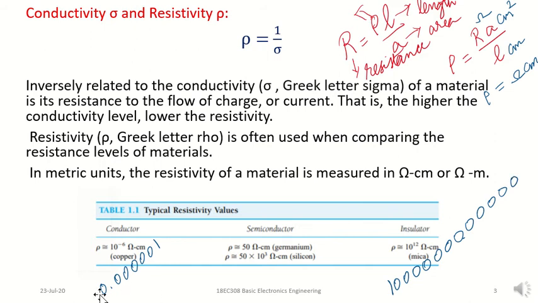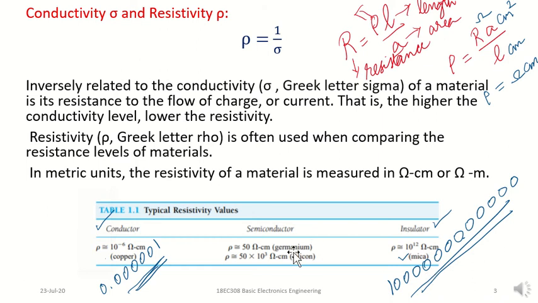If you observe the difference, the resistivity is very low in a conductor, that is the copper. The resistivity is very high, 10 power 12, in an insulator. They have given an example of mica. Then if you take a semiconductor, it is between those two values. It is neither very small nor very large.